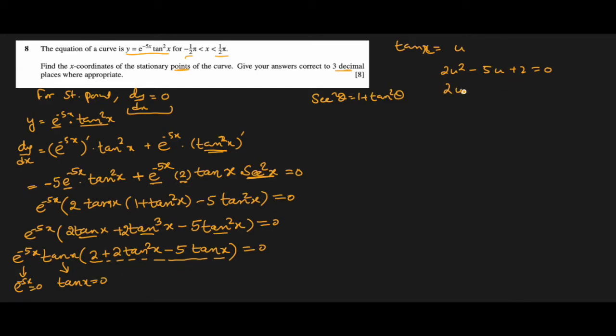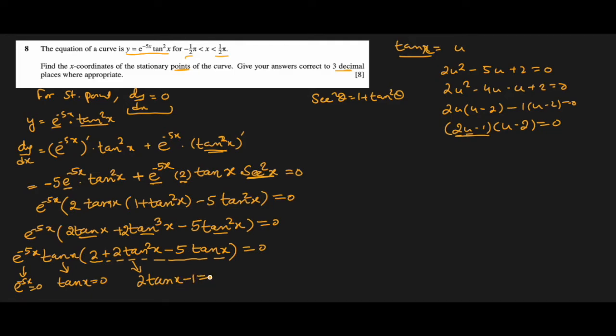If I factor this, 2u square minus 4u minus u plus 2 equal to 0. 2u common in this one, so u minus 2, minus 1, u minus 2 equal to 0, 2u minus 1, u minus 2 equal to 0. So u was tan x. That's what I will write here. This will give us these two: 2u minus 1, 2 tan x minus 1 equal to 0, and the fourth part from this is u minus 2, tan x minus 2 equal to 0.